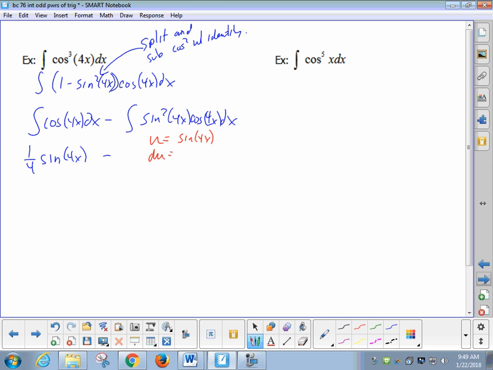So if this is the case, then something like 4 cosine of 4x dx, and then it becomes subtraction of u squared du over 4. So I'm thinking more like negative 1/12 u cubed. Altogether, then, when I do that, I get subtract 1/12 sine 4x all cubed, or sine cubed of 4x is fine. And that's my answer.